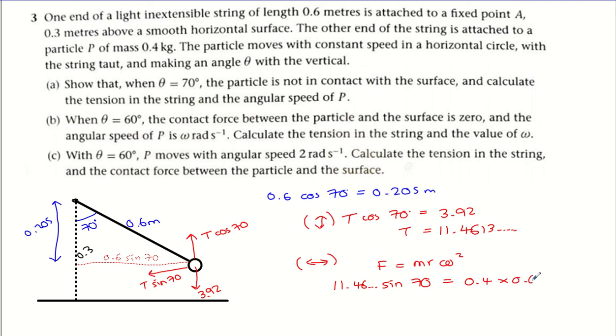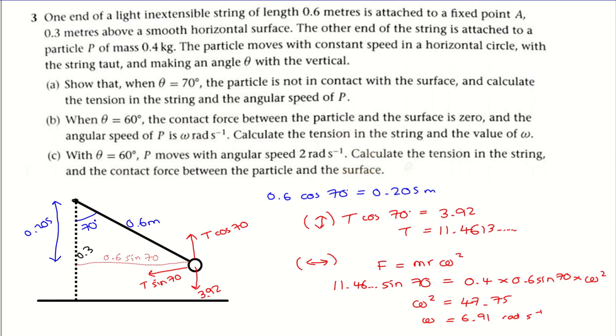So 0.6 sine 70 is the radius, and then we've got omega squared on the end. And there's only one unknown, which is omega. So if you just work that through, you should be able to get that omega squared is 47.75, and so omega is 6.91 radians per second.